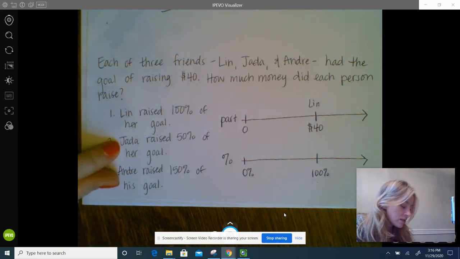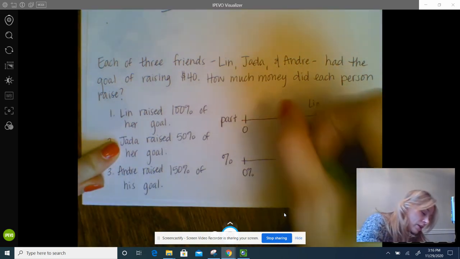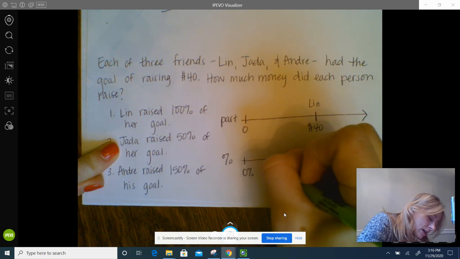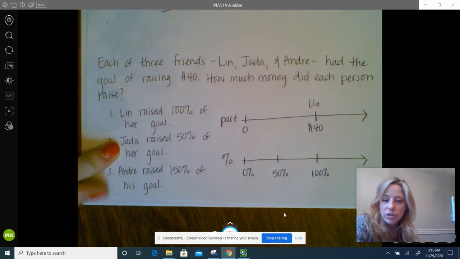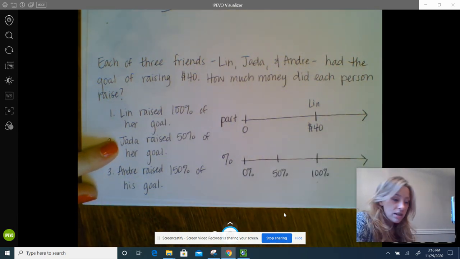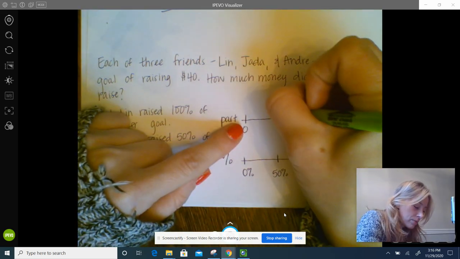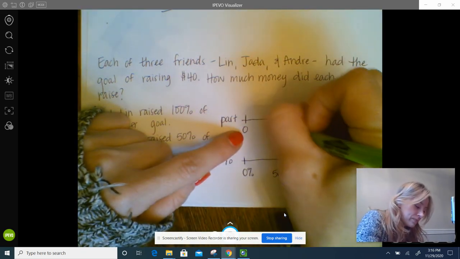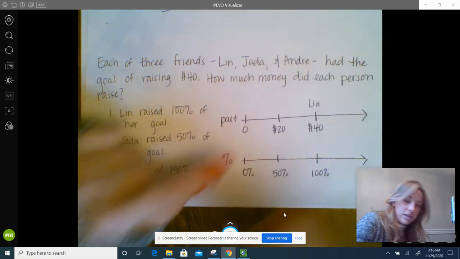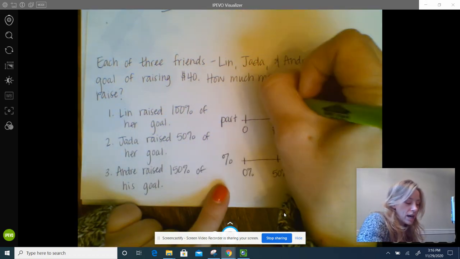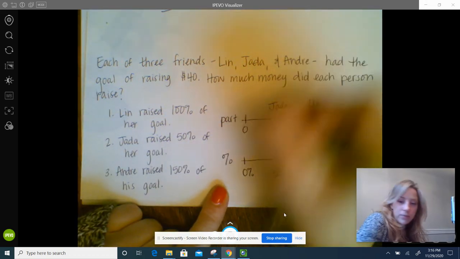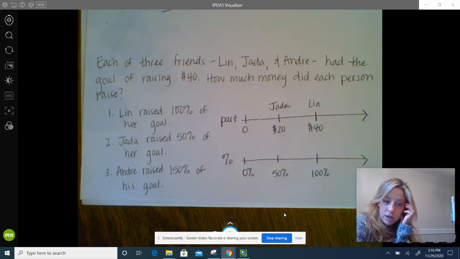It says Jada raised 50% of her goal. Well, I know 50% is going to be down here right between 0 and 100. It's half, okay? And then I can look up here. Well, half of 40 is 20. So Jada raised $20.